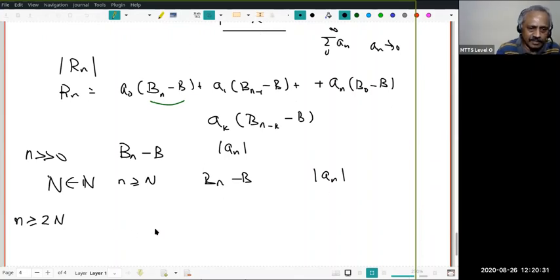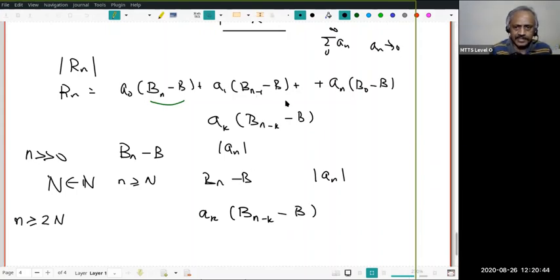Now let's look at the kth term. The kth term is of the form a_k times b_{n-k} minus b. I'm looking at the general term to have an idea.